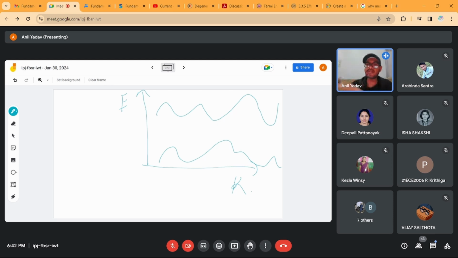At every particular point there will be a conduction band, in this E-K diagram. The minima of the conduction band lies here, and the maxima of the valence band is here. Whatever the energy gap between them is, that is Eg, the band gap of the semiconductor.